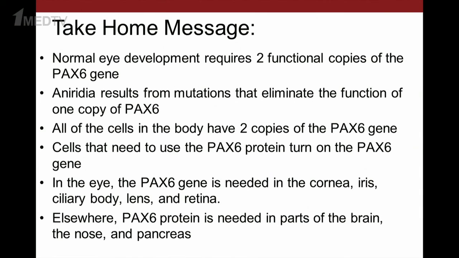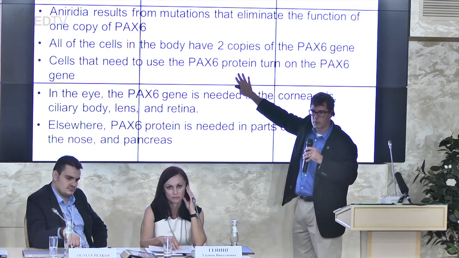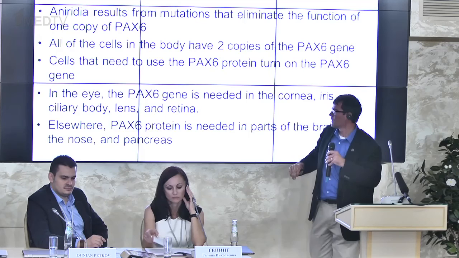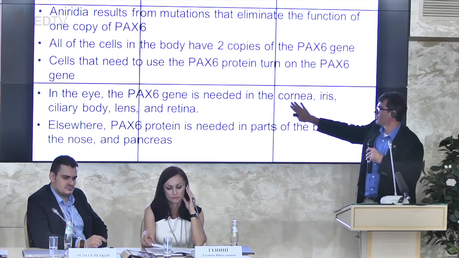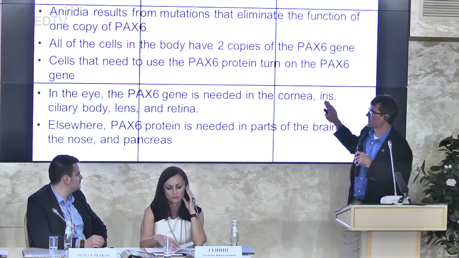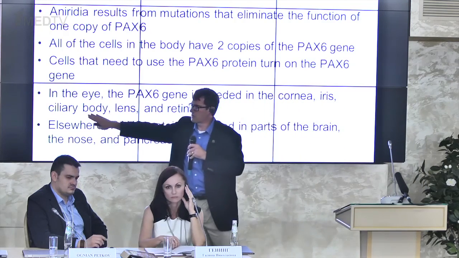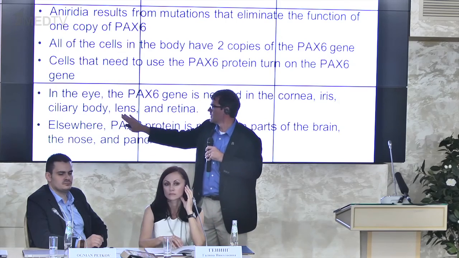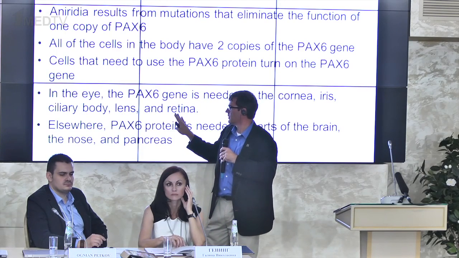But the only cells that use PAX6 are the cells that are affected in aniridia. And these include the cornea, the iris, the ciliary body, the lens, and the retina.